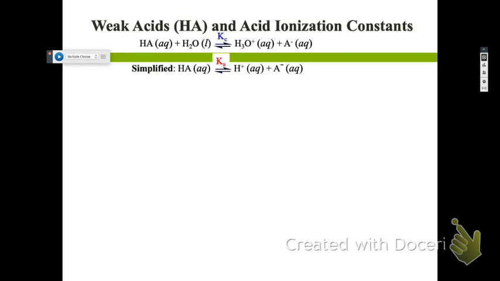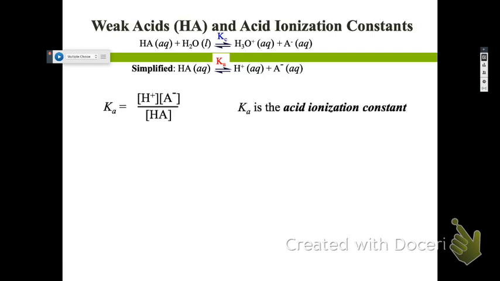So we talked about Ka last class. How comfortable are you guys with the generic form of an acid and its conjugate base? All right, so we're going to be using those.